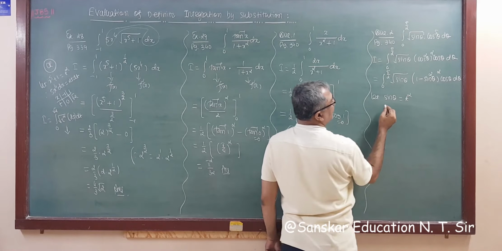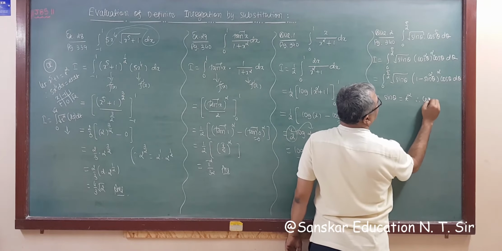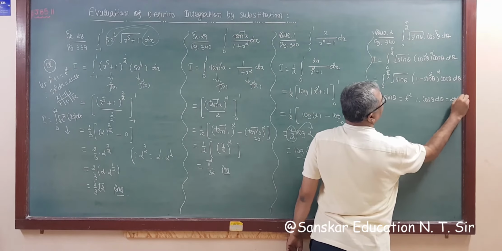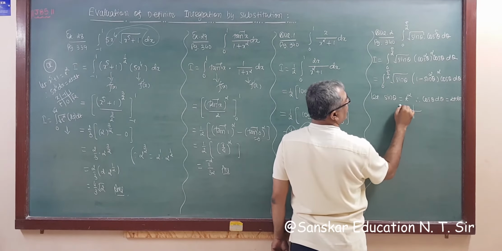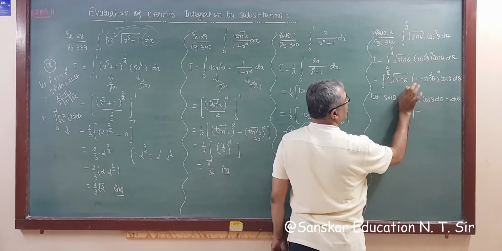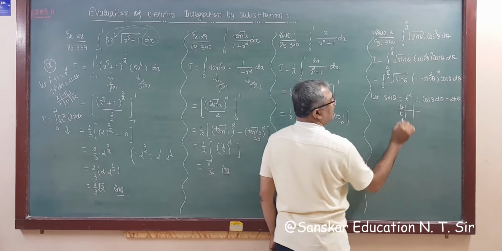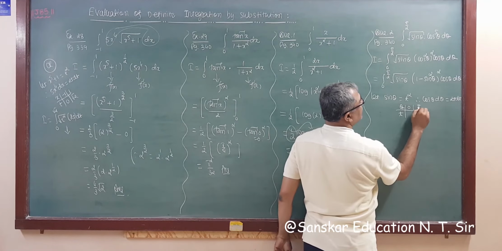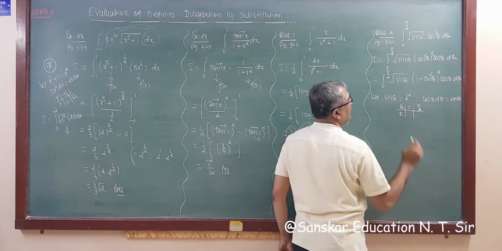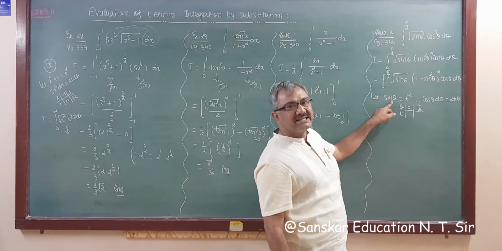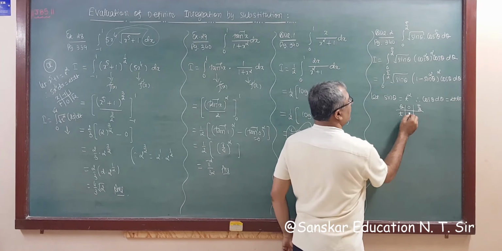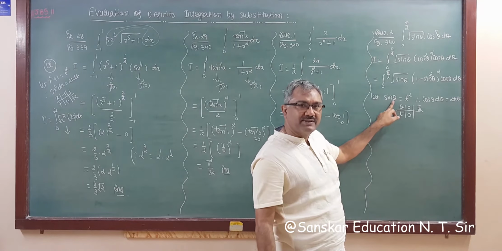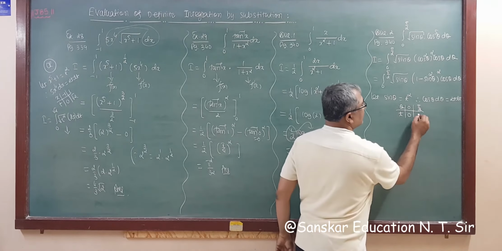So the derivative of this is cos theta d theta is equal to twice t dt, and changing the limit from theta to t, right? The old limit is 0 to pi by 2. If we substitute 0 here, sin 0 is 0, so the answer is 0, and for theta pi by 2, sin pi by 2 is 1, square root of 1 is 1, so this is 1.